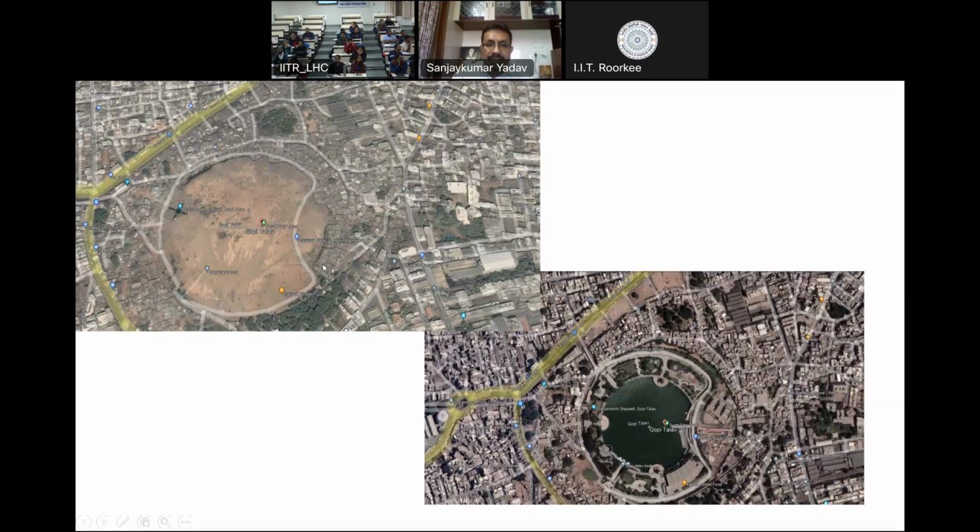The huts were constructed inside the pond. The major problem of regenerating this pond is to shift these people.